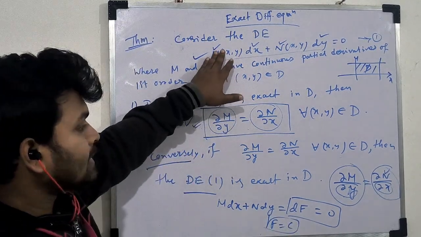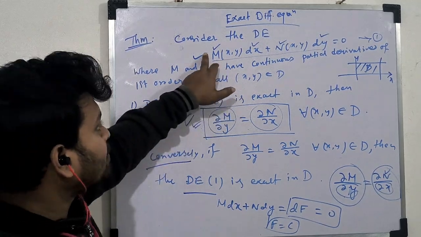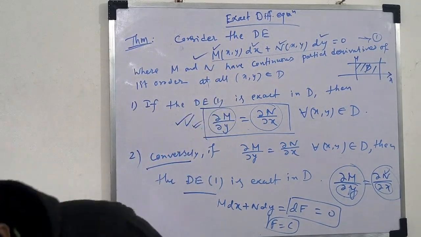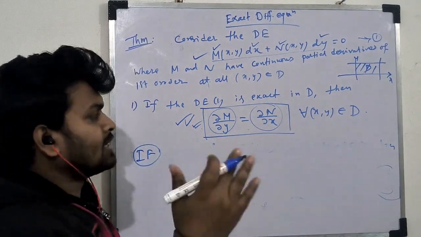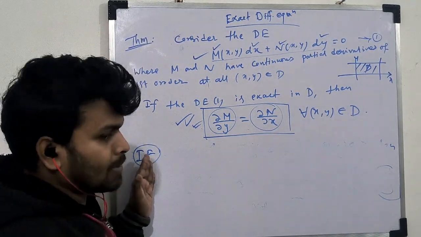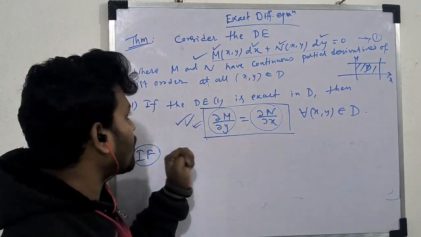If it is not an exact differential equation, then we have to multiply by a function. So what is an integrating factor? I will discuss it briefly in the next chapter, but I am giving a short hint.